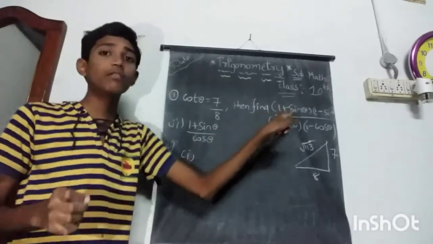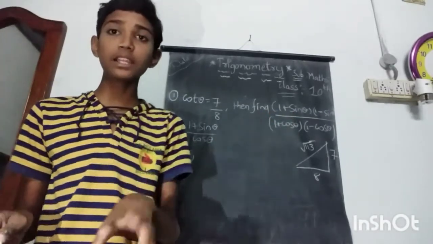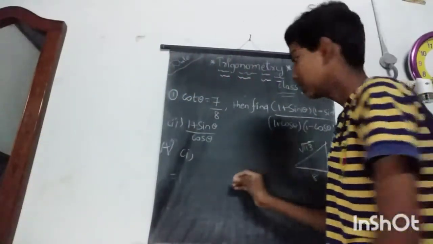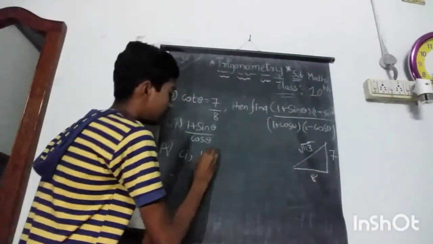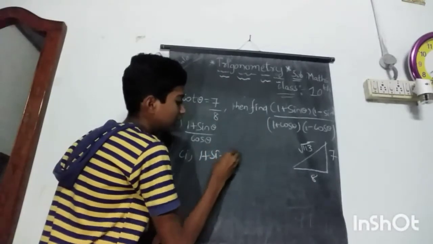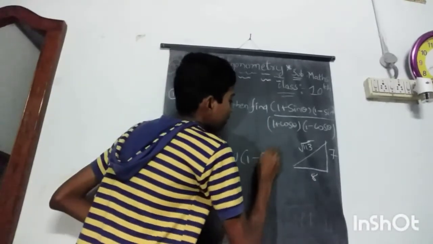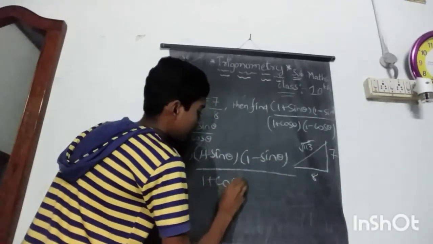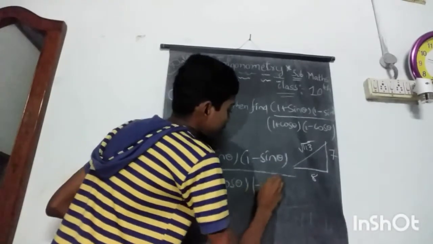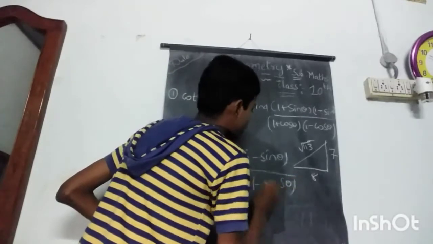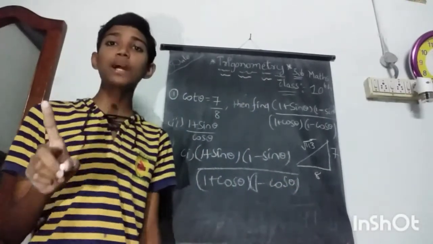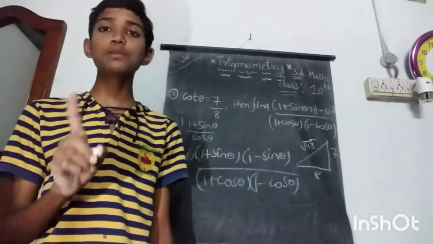First of all, given 1 plus sin theta into 1 minus sin theta upon 1 plus cos theta into 1 minus cos theta. Let us try it. We know the identity that a plus b into a minus b is equal to a square minus b square.